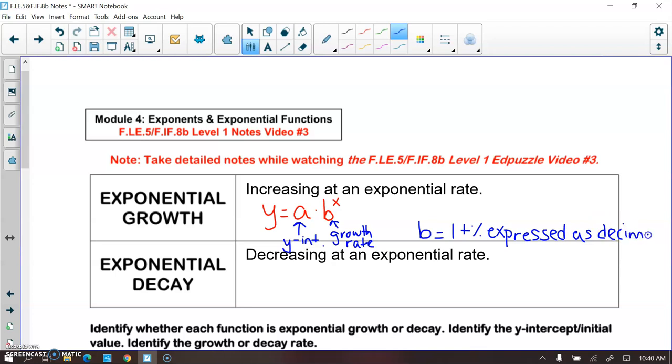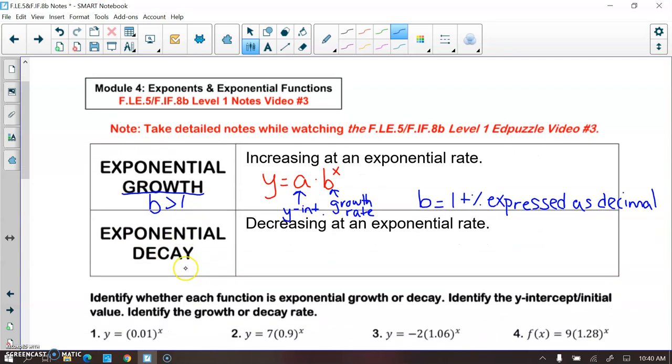And then I would add 1 to that, so it would be 1.02. And that's what would go in for b in your equation. Now, we know something is exponential growth when your b value is greater than 1.